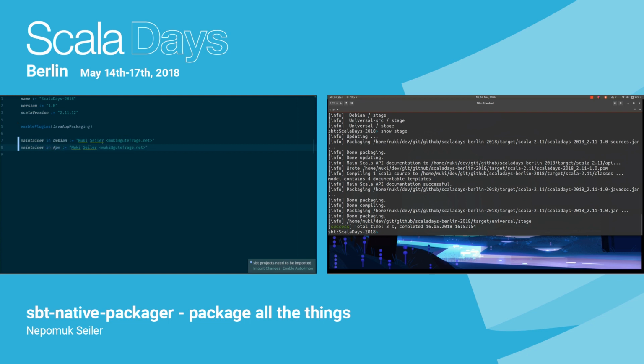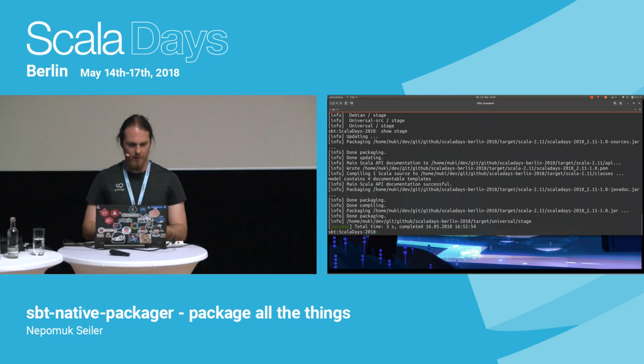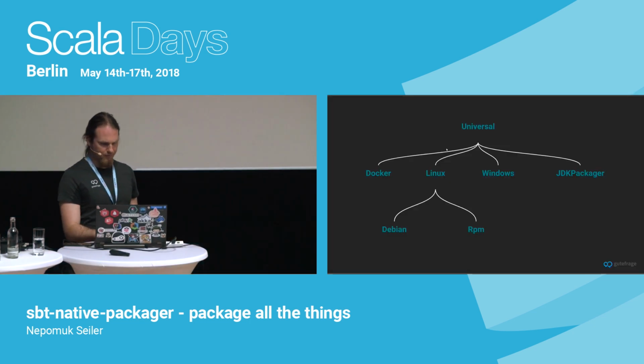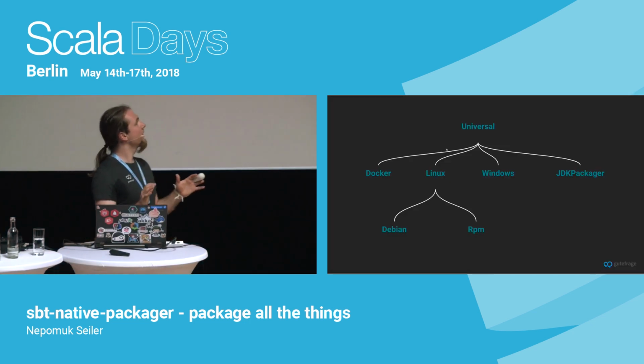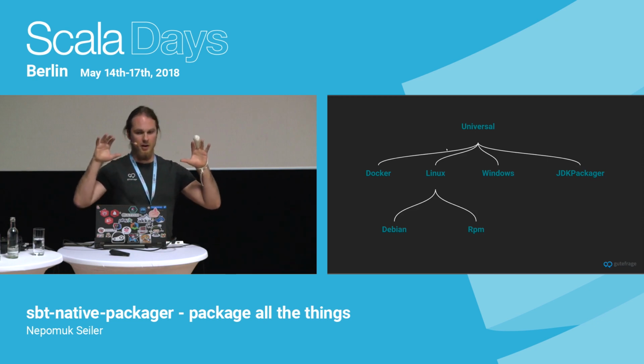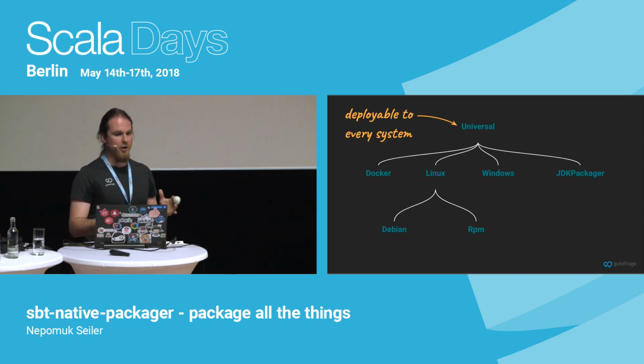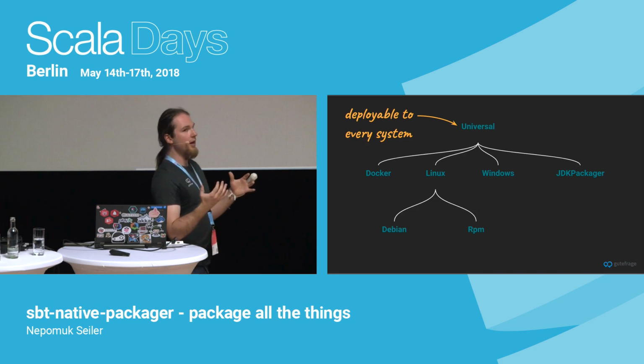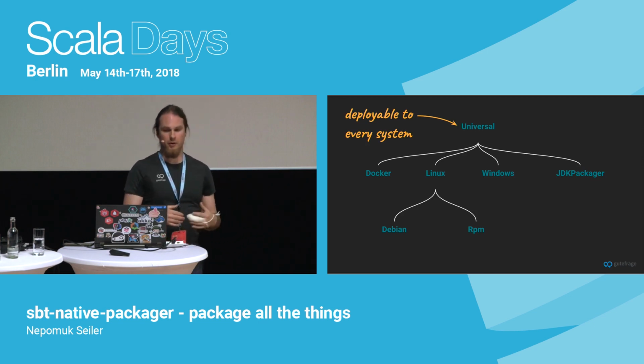And then I would have two different maintainers for two different package outputs. Okay. So this is usually how you work with configuration scopes and how you debug your build. So these formats form a sort of hierarchy. So at the very top there's universal, and everything in universal is deployable to every system.